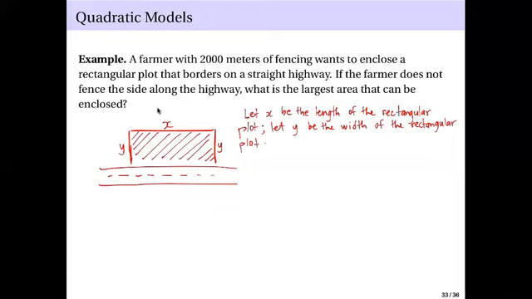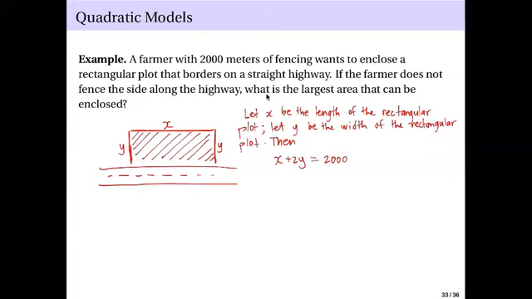Therefore, if you add y, x, and y here, you should get 2,000 meters. So then, we have x plus 2y, and this is equal to 2,000 meters.